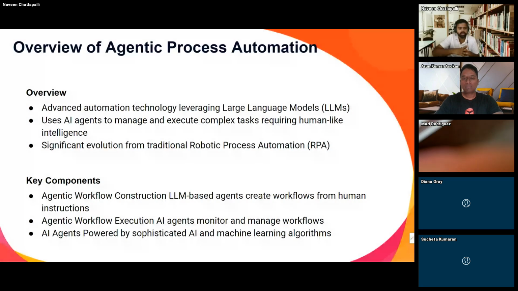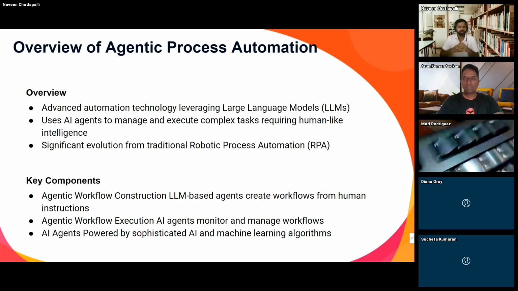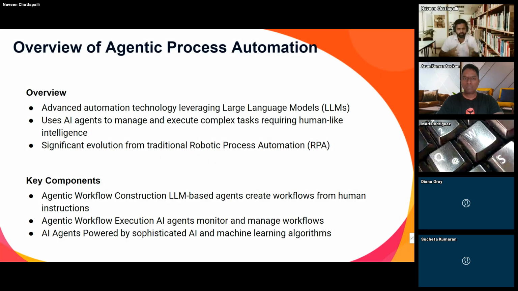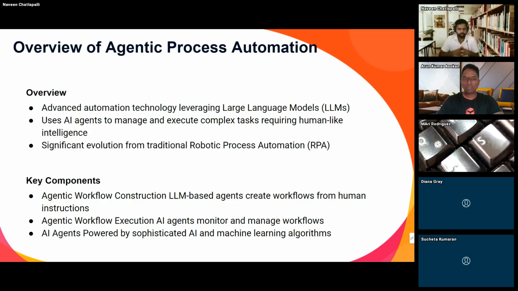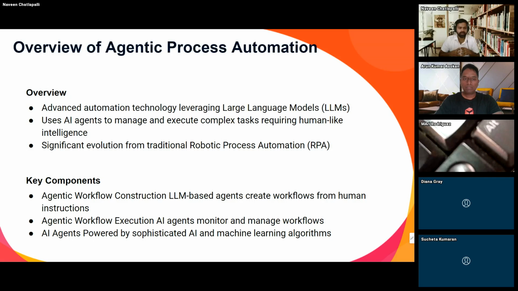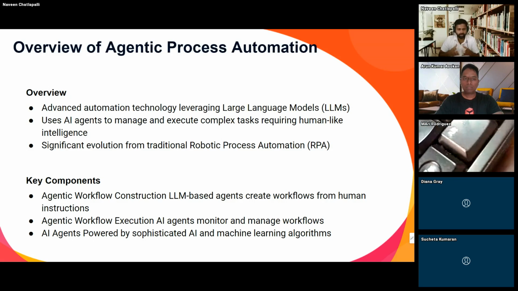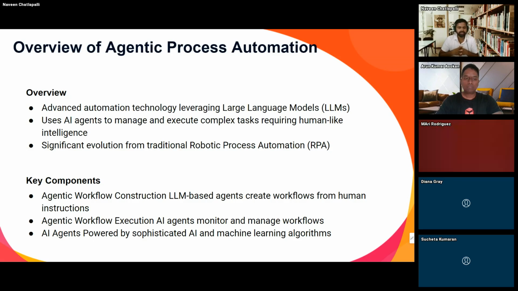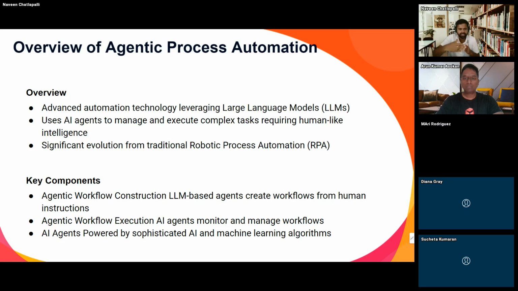We are also able to build some AI agents. The evolution of these AI agents is also coming from robotic process automation, because robotic process automation is mainly a term coined for automating routine and mundane tasks in any given enterprise or solution. So AI agents or agentic process automation is considered an evolution from the traditional RPA.